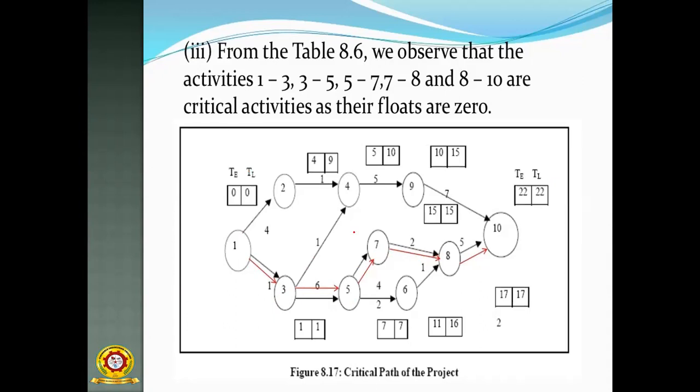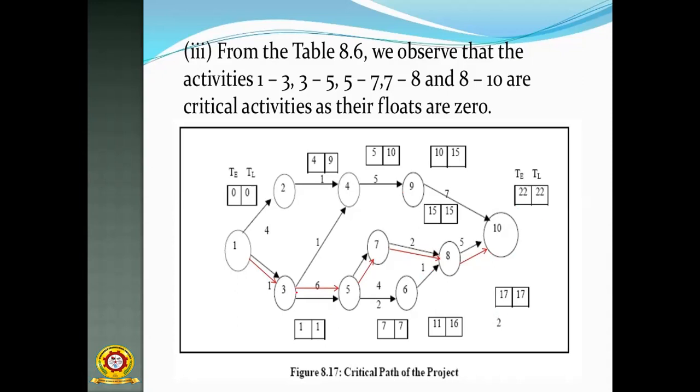So in this way you have to find out the critical path, in the simplest manner. I think all of you are able to follow this. Then you come back down.